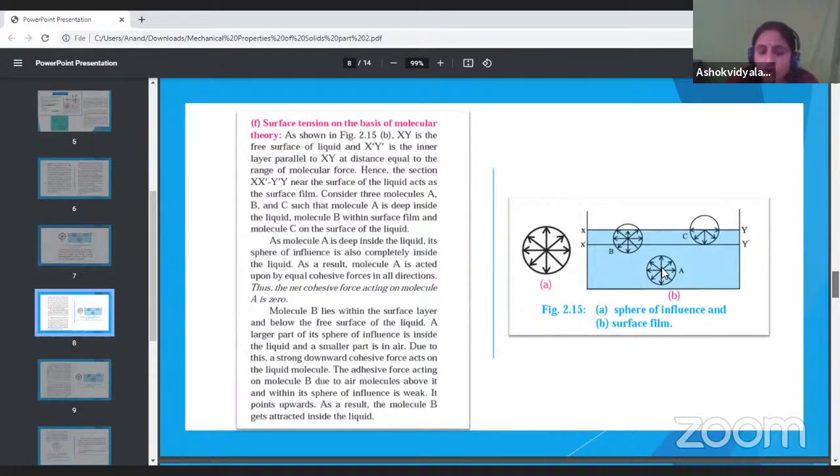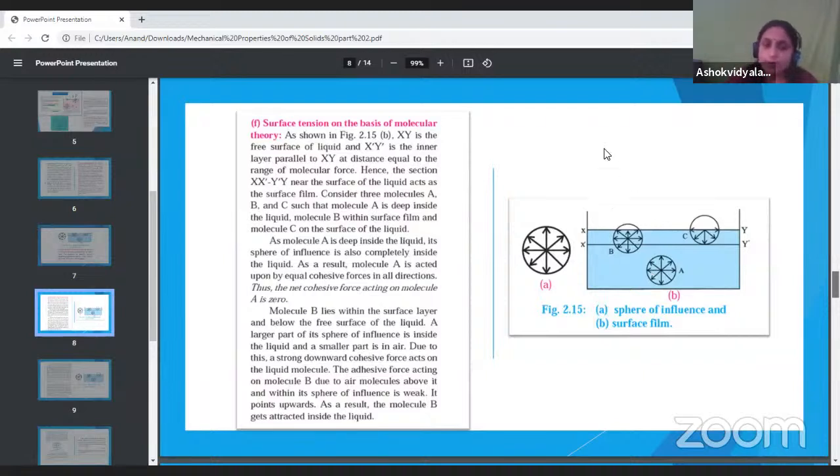Thus, the net cohesive force acting on the molecule A is 0. त्यामुळे ह्याच्यावरती चारही बाजूने ऍक्ट होणारा फोर्स हा एकच सबस्टन्स आहे, that is a liquid surface. Therefore, the net cohesive force acting on the molecule A is equal to 0.